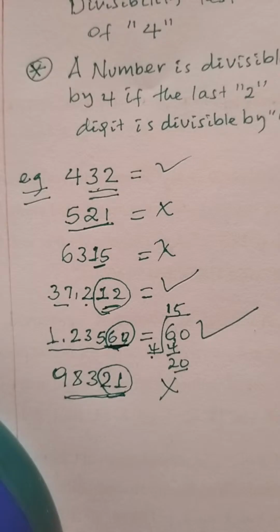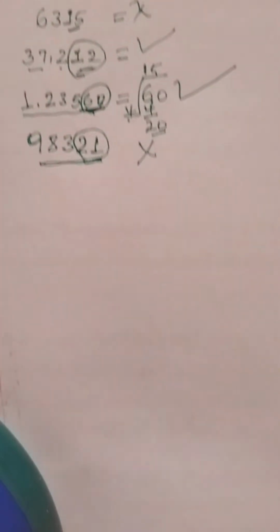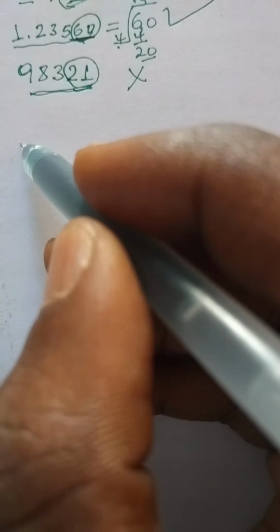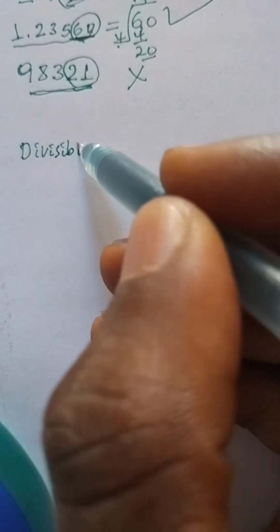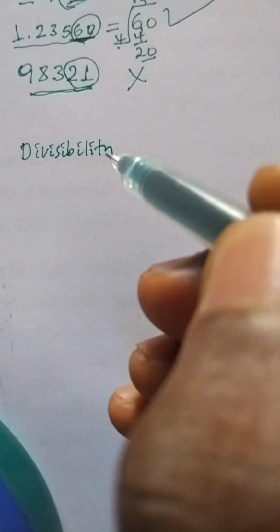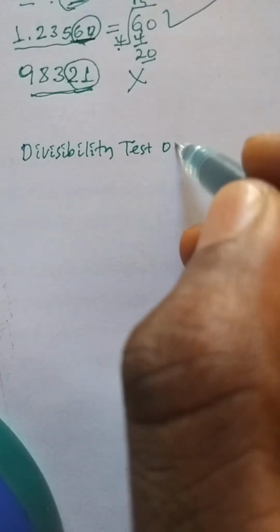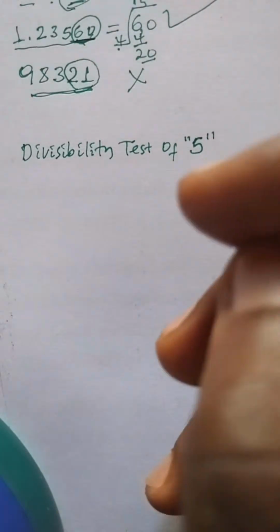Okay, let's come to the divisibility test of 5. 5 is easy. It is very easy. Welcome to the divisibility test of 5. It is very easy.